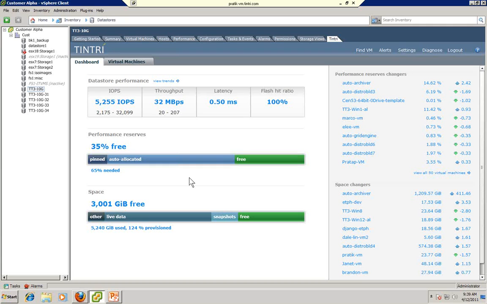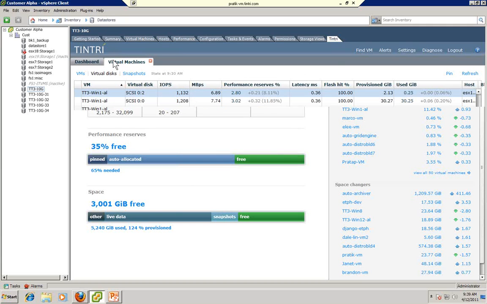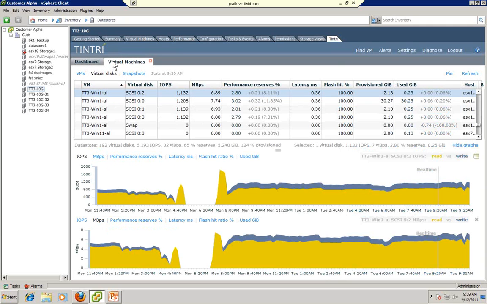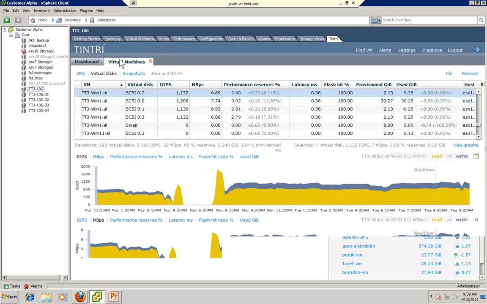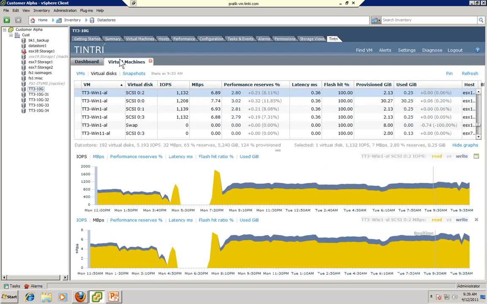However, if you have a business-critical VM, or say you have a temporary fix that you want to apply to a particular VM, you can actually pin that VM or that vDisk. At that point, all the IOs for that vDisk or that VM will be serviced out of Flash. So it'll be a first-class citizen in Flash, and will get the best performance possible.